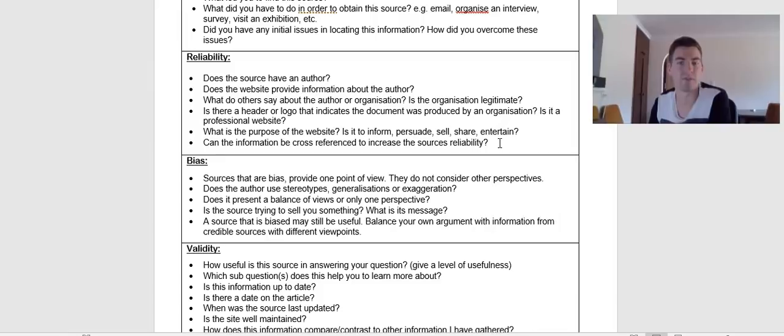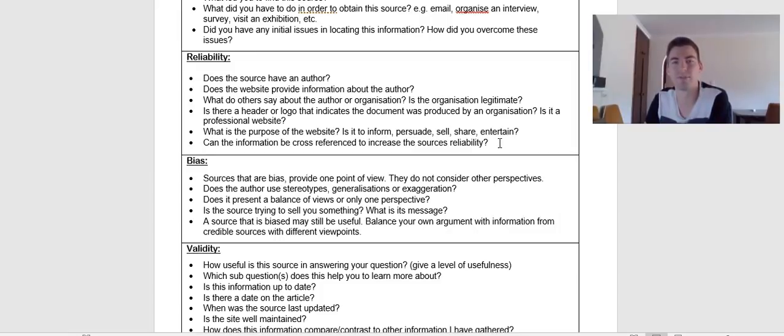And so what we would have to do is go out and find a third website or a third source, which would help us to work out whether it was either the Bulldogs or the Tigers. And hopefully, if they said the Tigers, then we'd have two sources that say the Tigers, one that says the Bulldogs, and we can probably trust that the information is true when it comes to the Tigers winning the grand final last year.